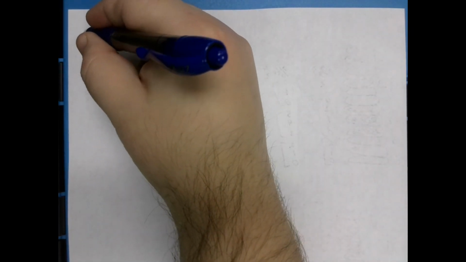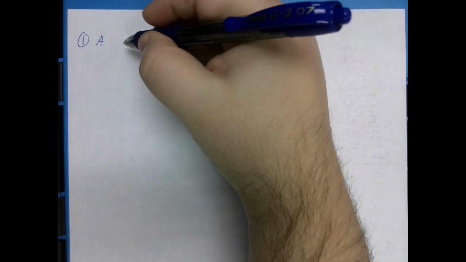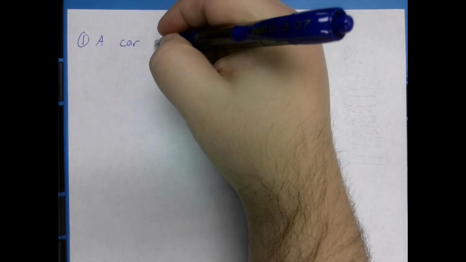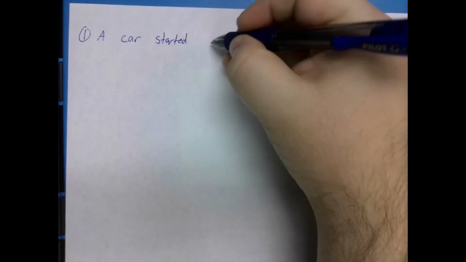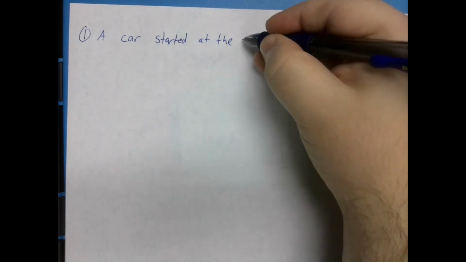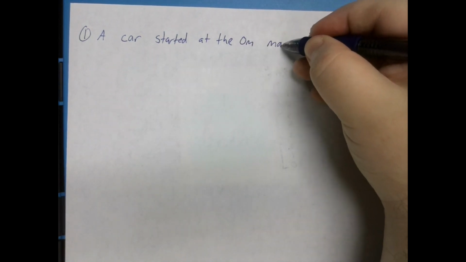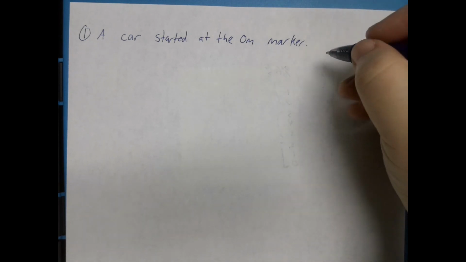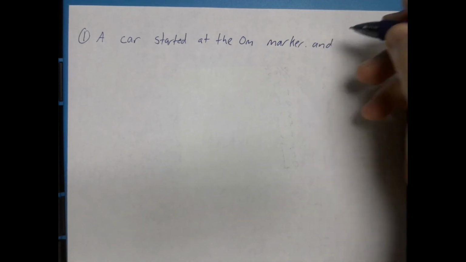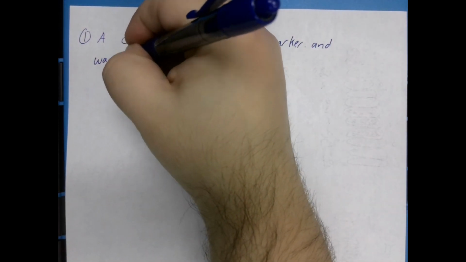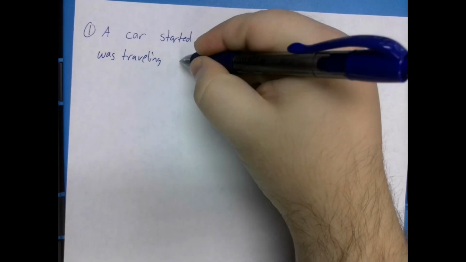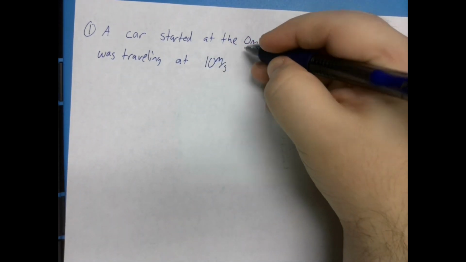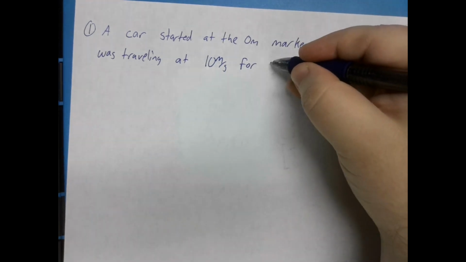So for example, let's say that a car started at the 0-meter marker and was traveling at 10 meters per second for 3 seconds.